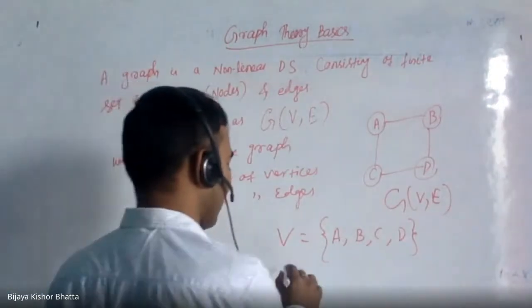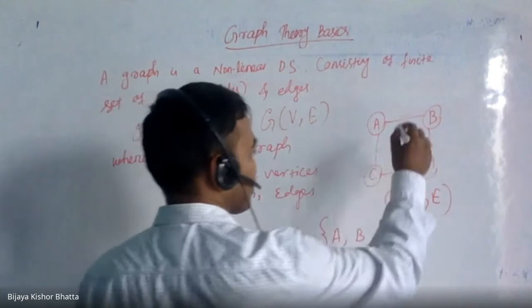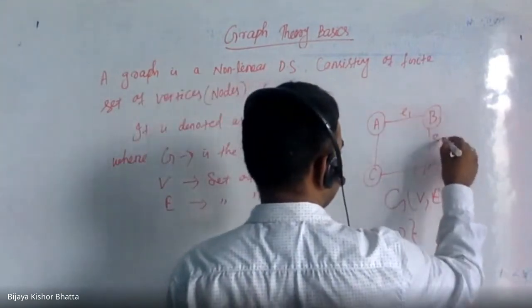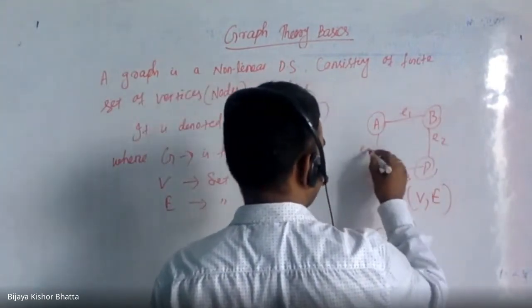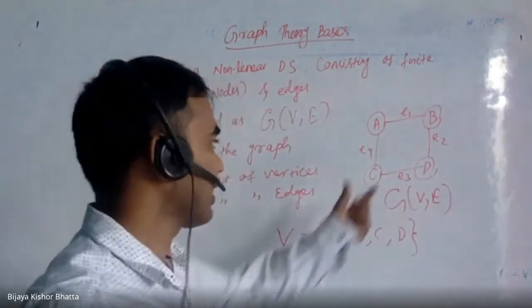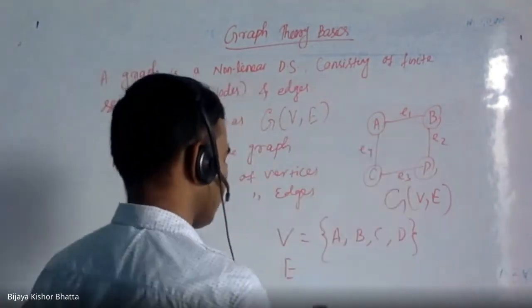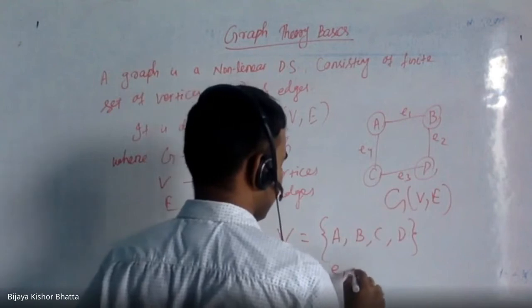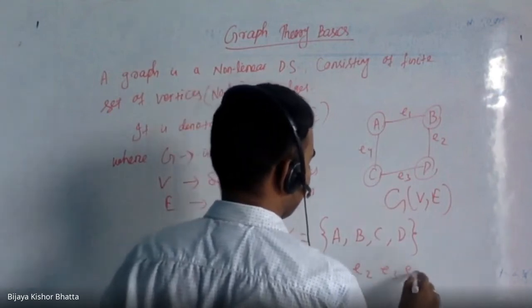Suppose I ask you what the edge set is. Suppose I name it E1, E2, E3, E4, some naming, or else I can write AB, that is also possible. So generally I can write E1, E2, E3, E4.